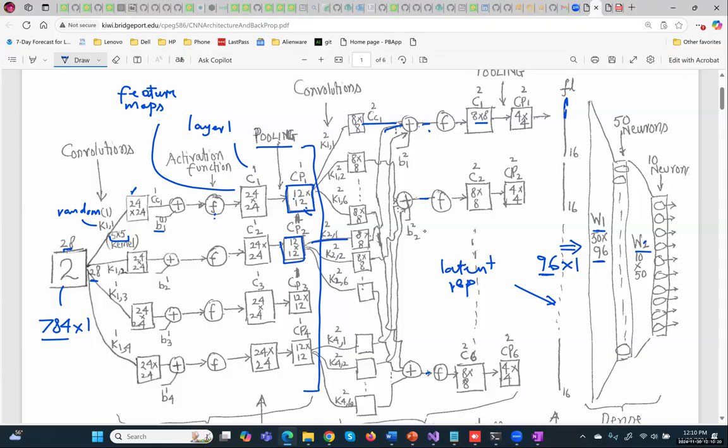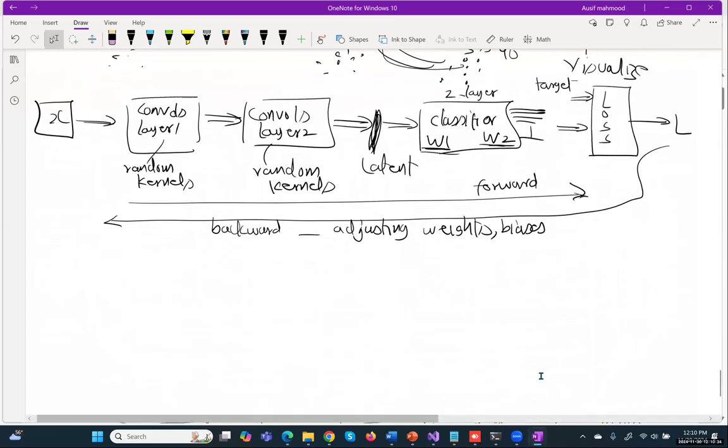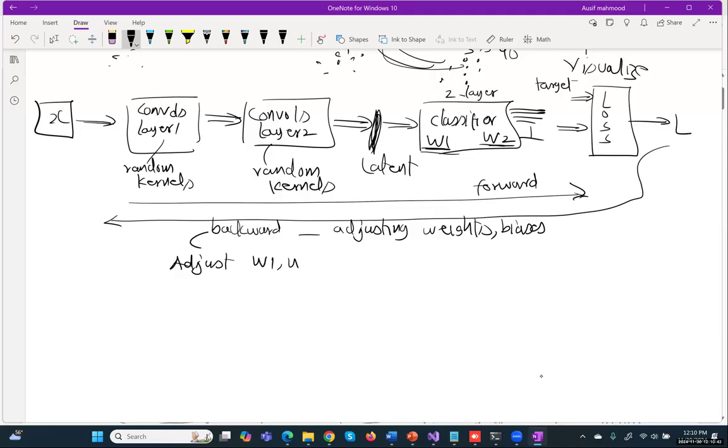Okay, so the question is, what are we learning in the convolutions? What do we need to adjust over here? Kernel values. Okay, so basically as we go backward, we need to adjust W1, W2, and all the kernel values.